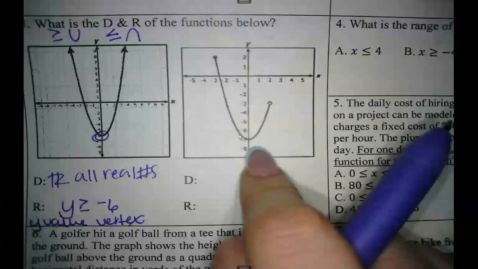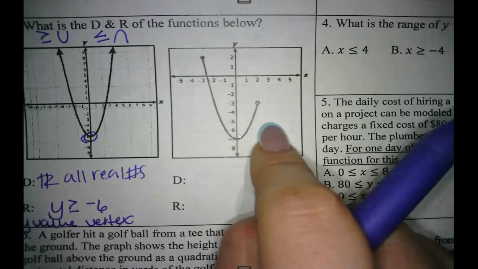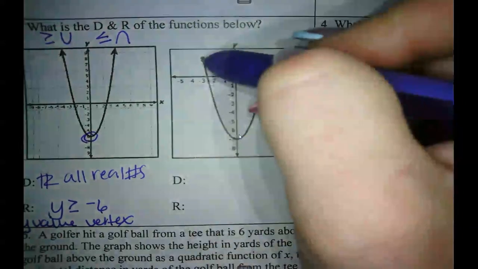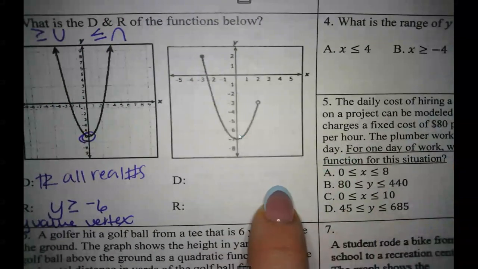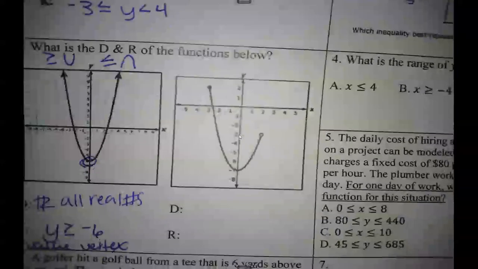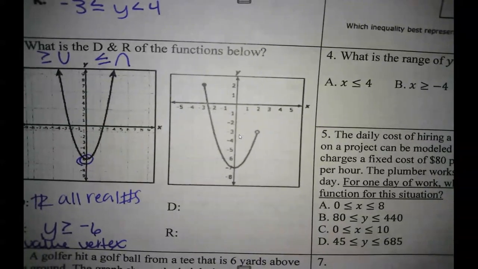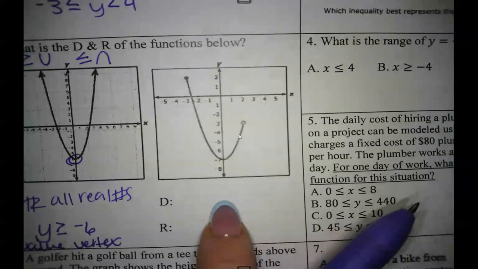All right, even though this one curves and it's part of a quadratic, it stops. And we can clearly see it stops. So our domain is not going to be all real numbers. We're going to do just what we did here for our linear. So domain is the x value.